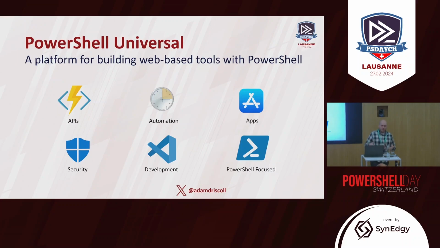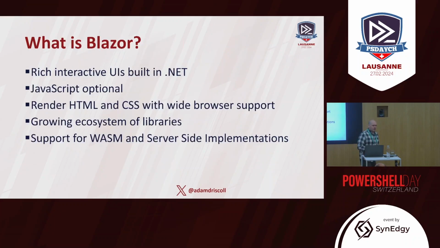We also have a PowerShell extension you can use to use your local VS Code instance to update the PowerShell scripts inside PowerShell Universal. And as I mentioned through all of this, it's very PowerShell focused. We've built a platform around running PowerShell scripts and making sure that you have the best experience for PowerShell in it.